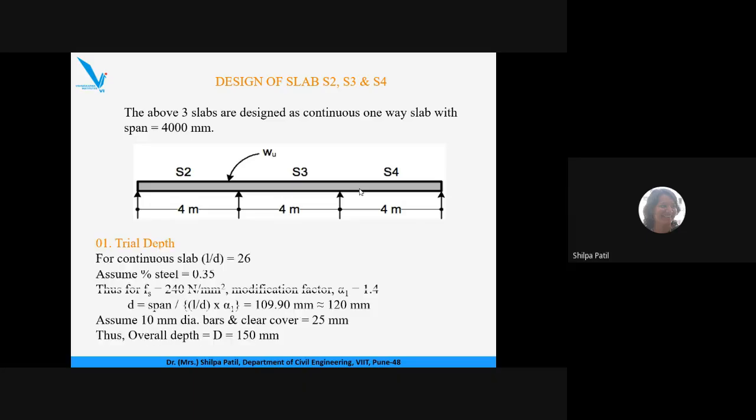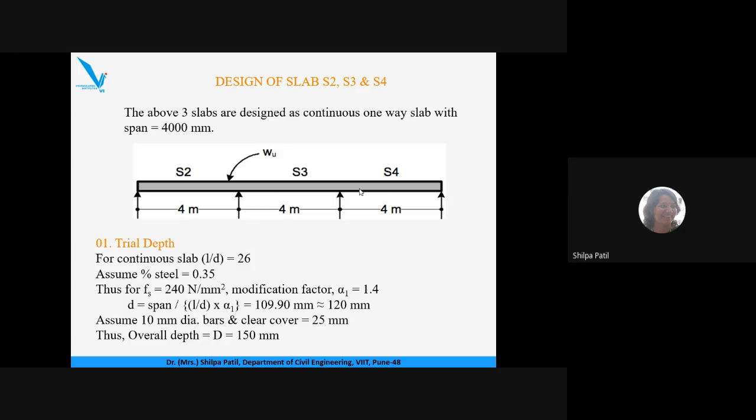Now, for continuous slab, if we refer to IS 456, the ratio of L by D, that is span to effective depth ratio, is taken as 26. For that ratio, we have to assume the percentage steel, which we have assumed as 0.35, because the steel used is Fe415 or HYSD bar.